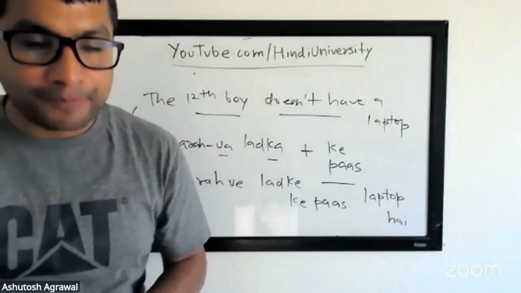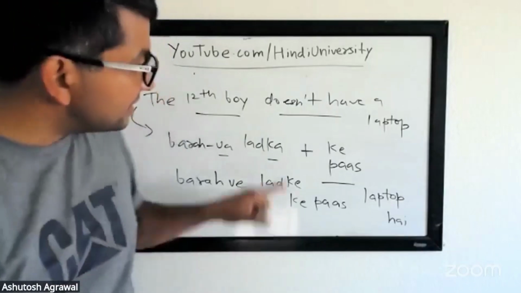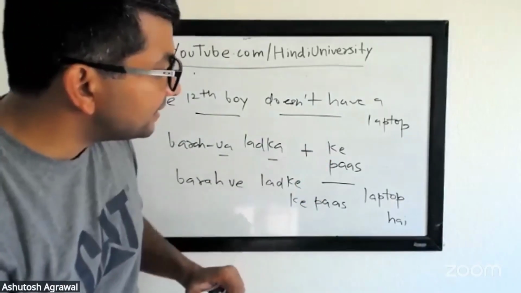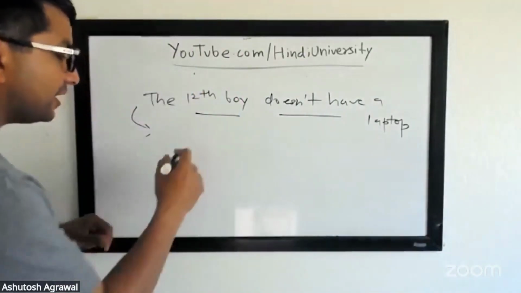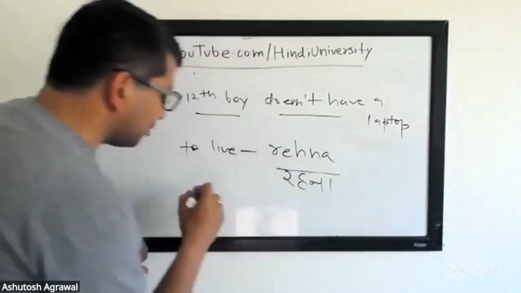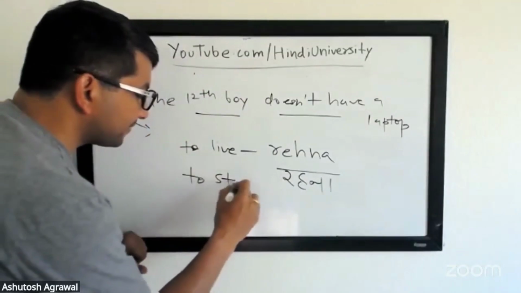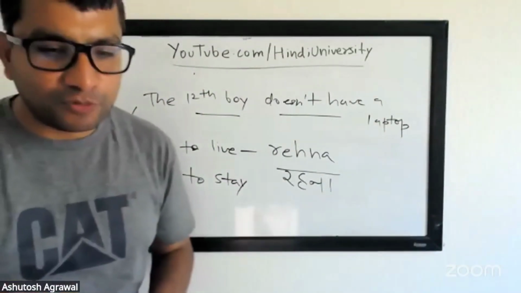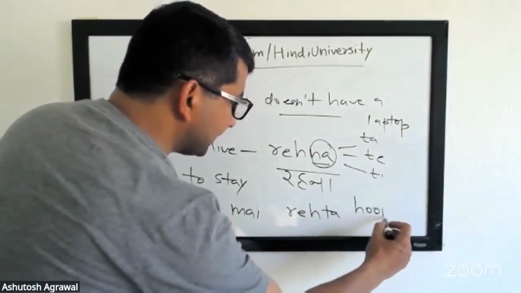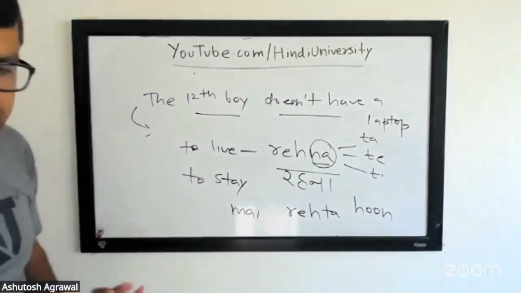Okay, let's say, in case some people do not know ke paas yet because we're not done, I live on the 12th floor. What is to live? Rehna or to stay, both of them. So if you want to say I stay, it would be main rehta hoon. Your simple sentence.